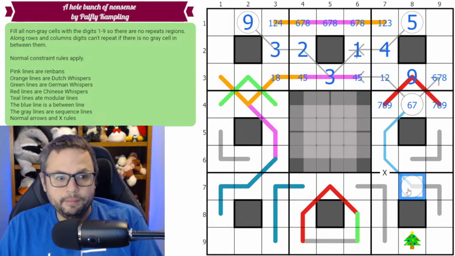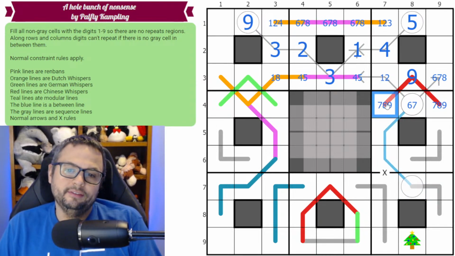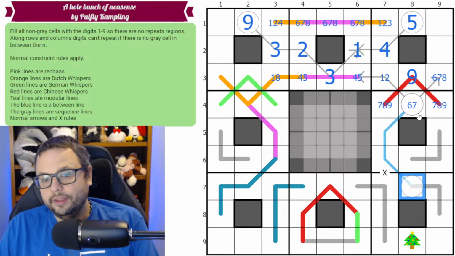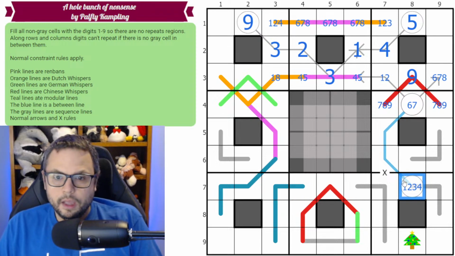Now, this number has to be lower than this one because if this number is higher, the most we could do is make these 7, 8, which would make a 7, 8, 9 quadruple. So this number is at least 7, 6, 5. It's at most 4. So we have that in store at least.